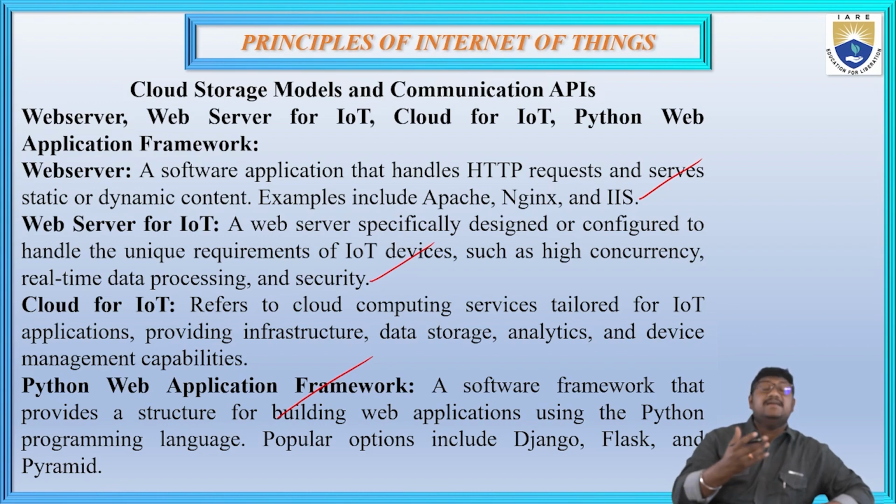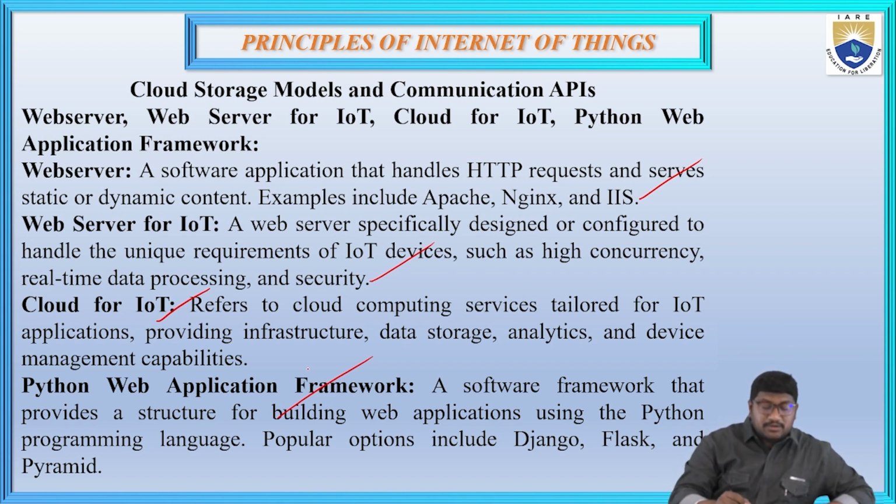And coming to the third factor, cloud for IoT, which refers to cloud computing services tailored for IoT applications, where we provide infrastructure for data storage, analytics, and device management capabilities.